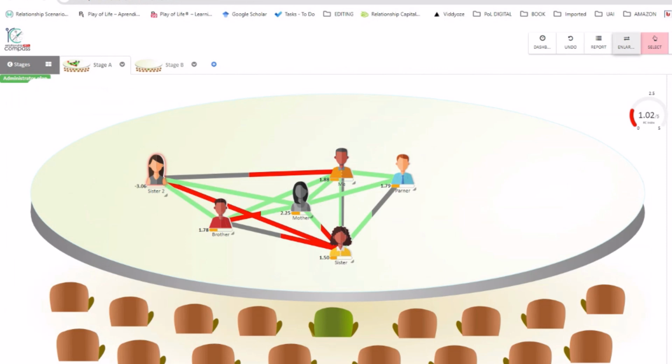Just looking at that, what are the communications that could flow well? Well, looking at that, it's between me and my partner, me and my brother, my brother and sister too, and my sister and me, sister one.